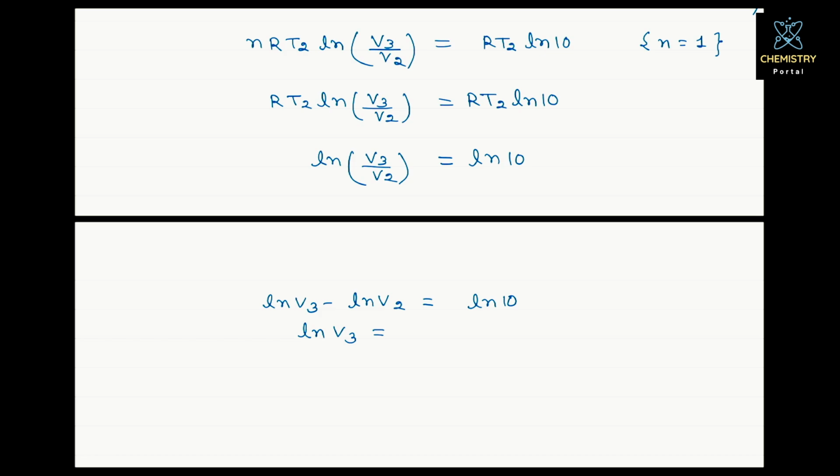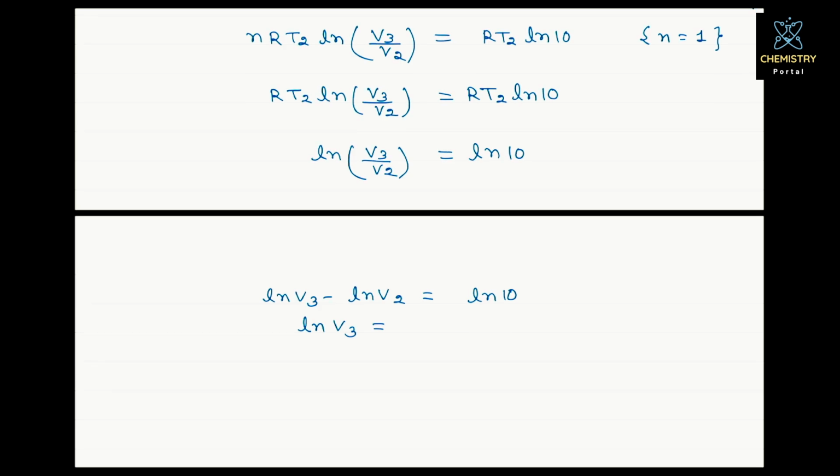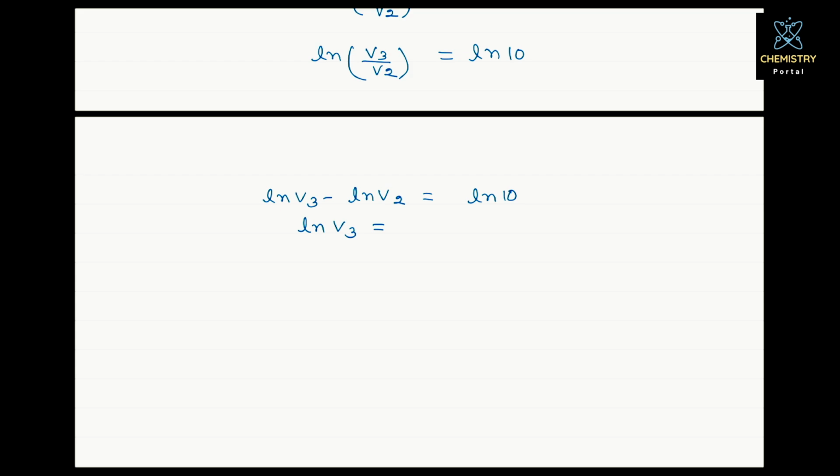We have to find log V3, not ln V3. So first, ln V3 equals ln V2 plus ln10. This is equation 1. But now our task is to find the V2 value.